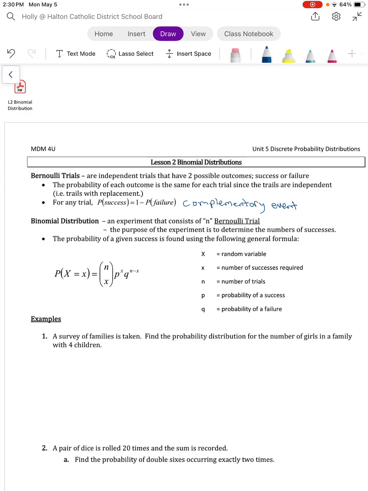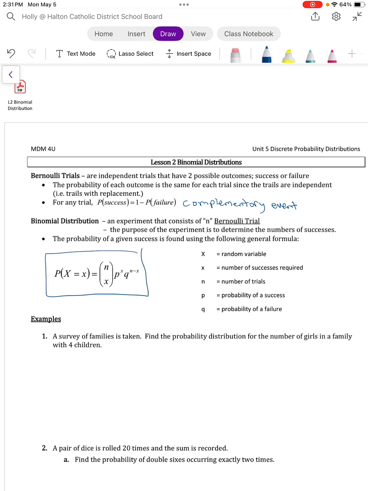So it is an experiment that consists of n Bernoulli trials. The purpose of the experiment is to determine the number of successes. The probability of a given success is found by using the following general formula. This is our formula here.